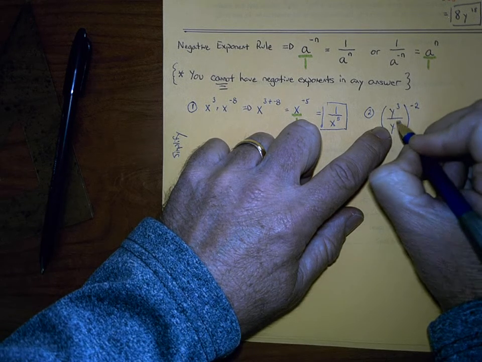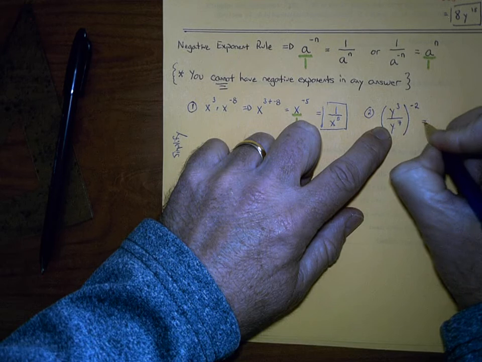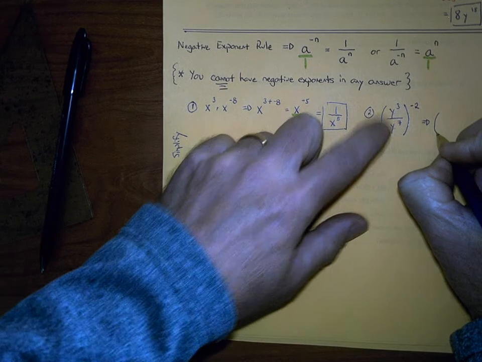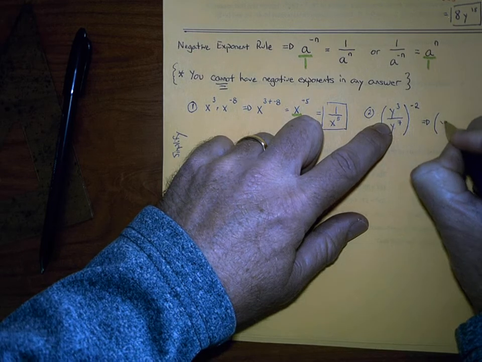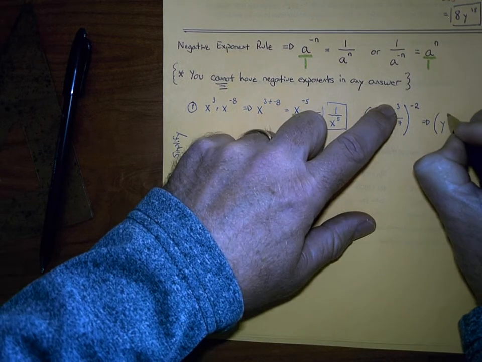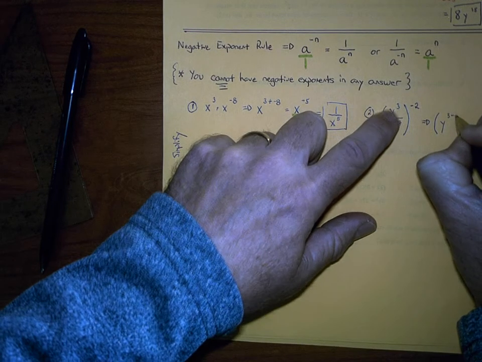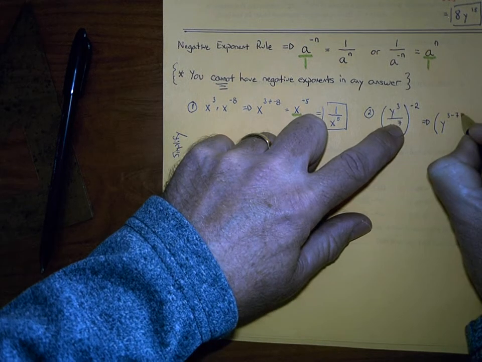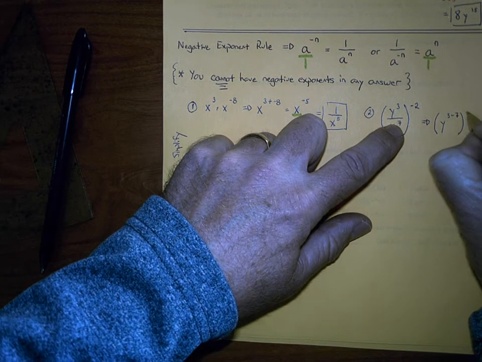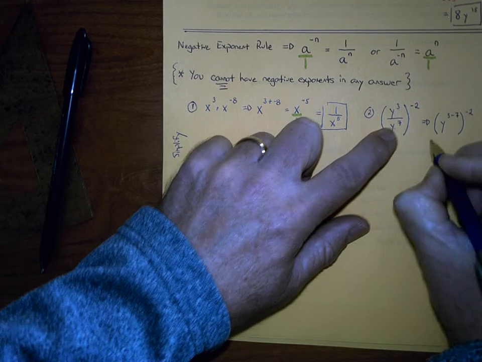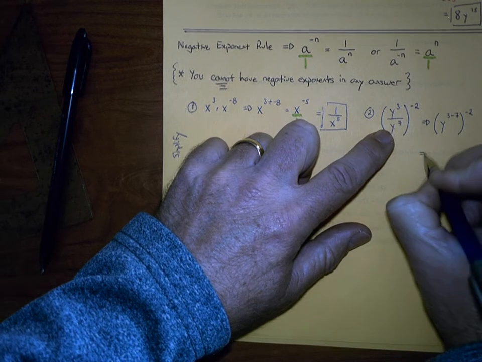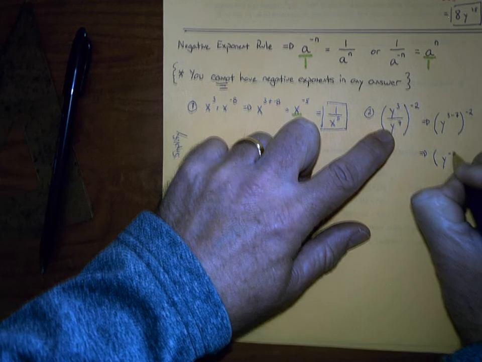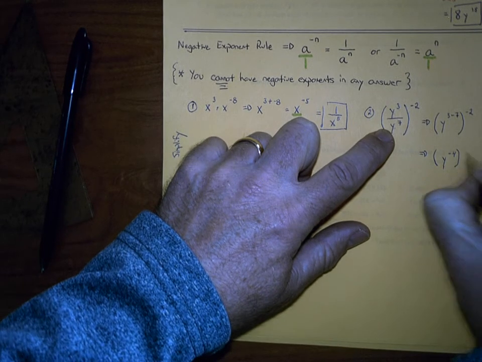So inside my parentheses, I would merge the 2 y's together into 1 y, and then I would subtract the numerator exponent 3 minus the denominator exponent 7. And then I would still have this negative 2 power on the outside. So this problem would simplify to y to the negative 4 power inside the parentheses, and then outside I would have a negative 2.